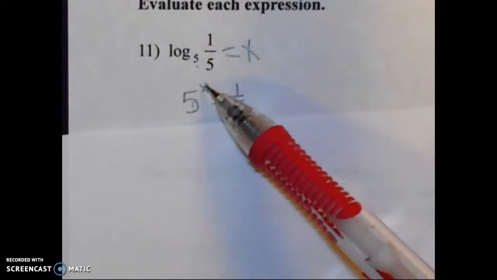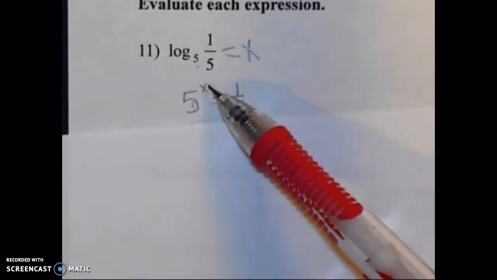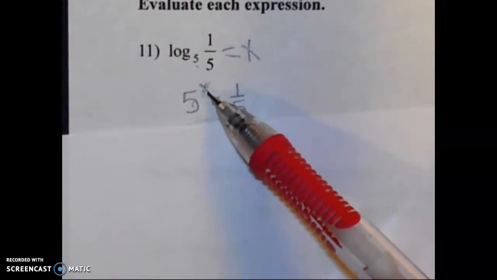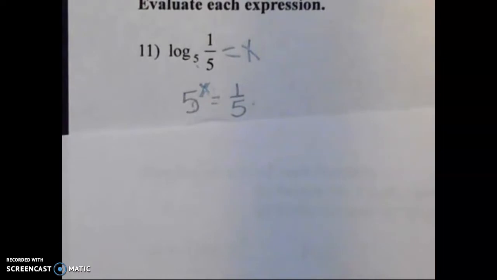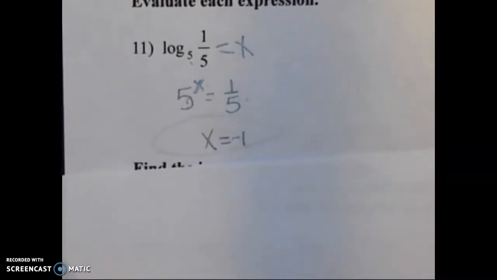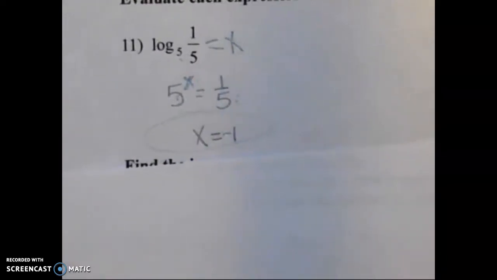A whole number to a variable, if you're trying to make it into a fraction, your exponent has to be negative, and it's going to push it down to the denominator. So if x was -1, it would give me 1/5. So if you go from a whole number to a fraction, just know that your exponent's going to be negative.